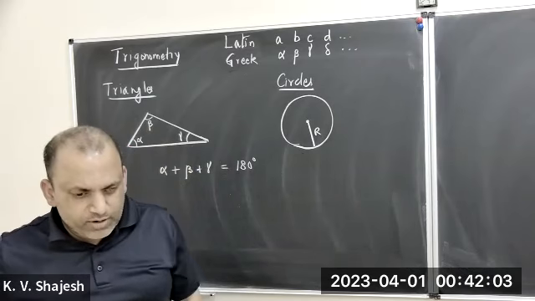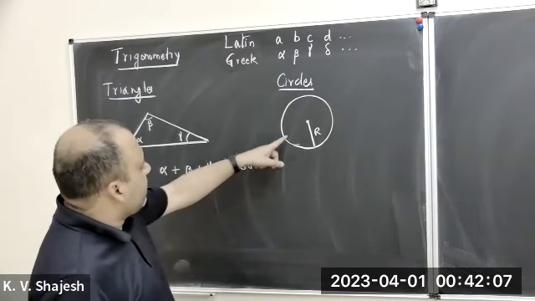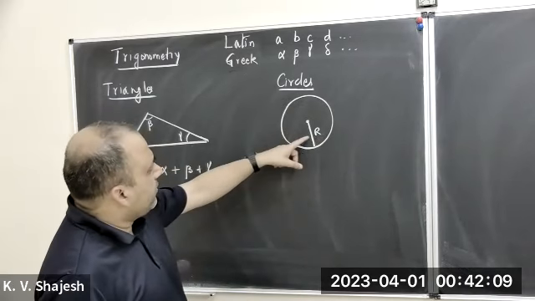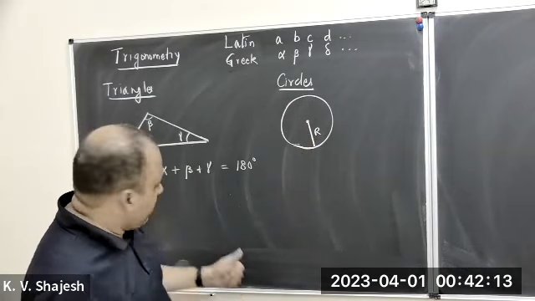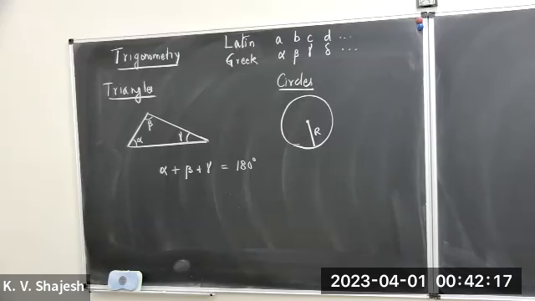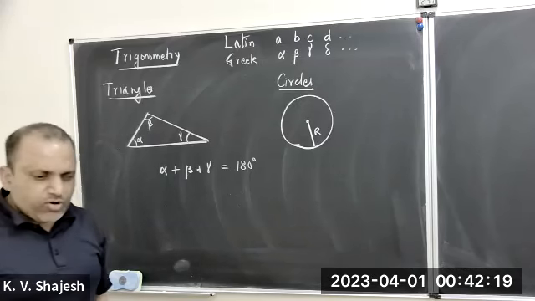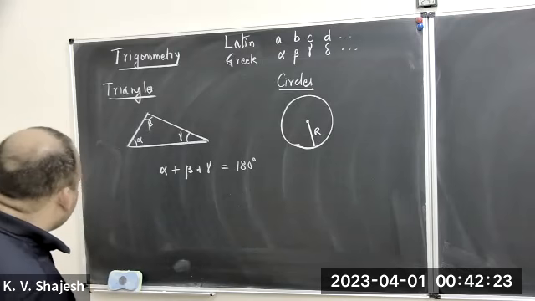A circle means that the distance of any point from the center is fixed, and the three angles in a triangle add up to 180 degrees. That's going to be our basic construct.